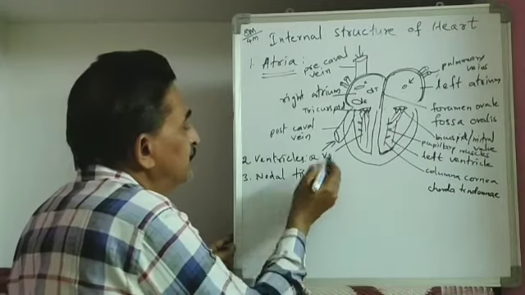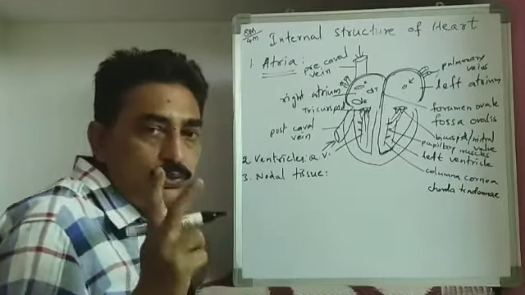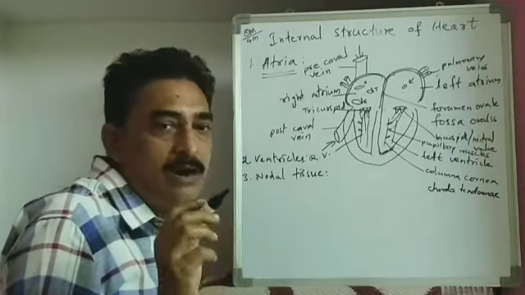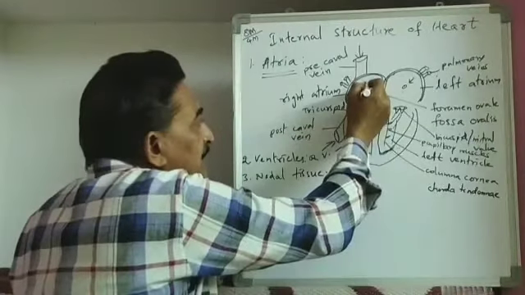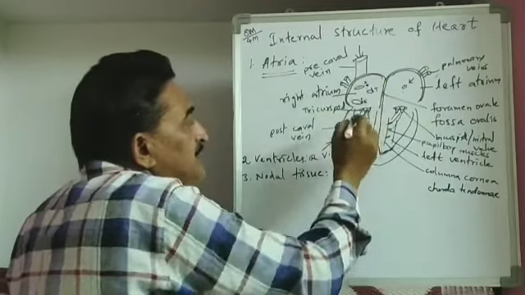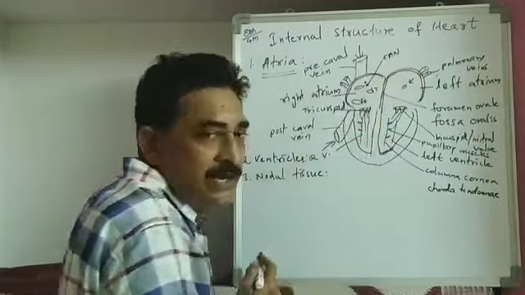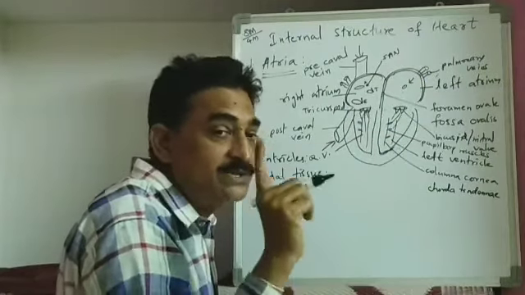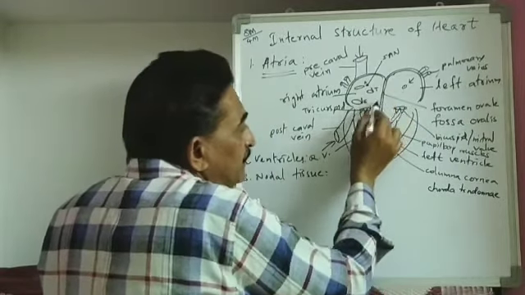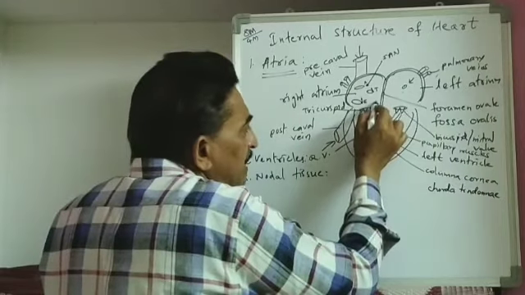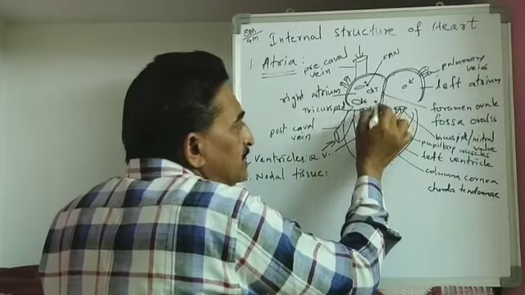Now coming to the third heading, nodal tissue. There are two main cardiac musculature nodes. The first is at the opening of the precaval vein, called the sinoauricular node, the first nodal tissue. The second is situated between the atria and ventricles in the right atrium itself, near the interatrial septum.